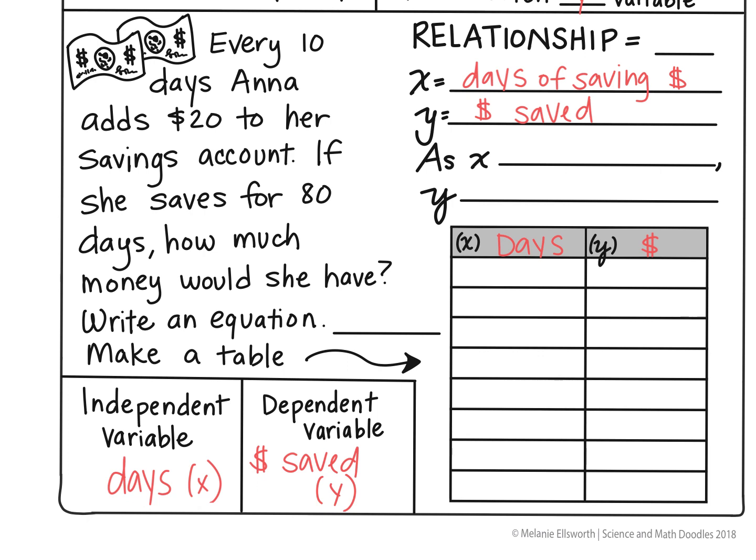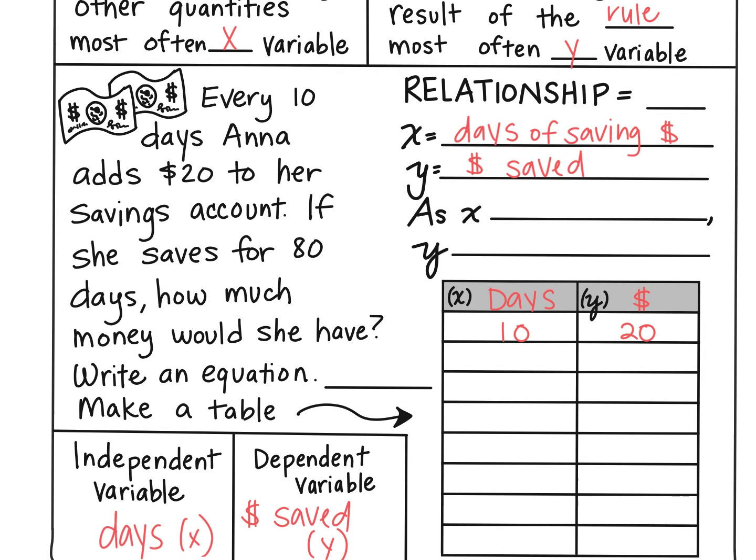So if I have 10 days and I add $20, what is happening in my table? How do I get from 10 to 20? Multiplied by what? I'm multiplying by 2. So my relationship, remember how I told you that we're leaving certain things blank for a minute? The relationship that's happening in my table here from my X variable to my Y variable, my independent to my dependent, what's happening is we are multiplying by 2.